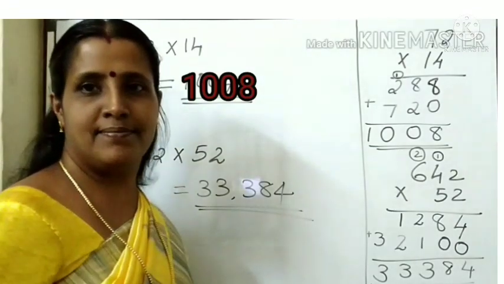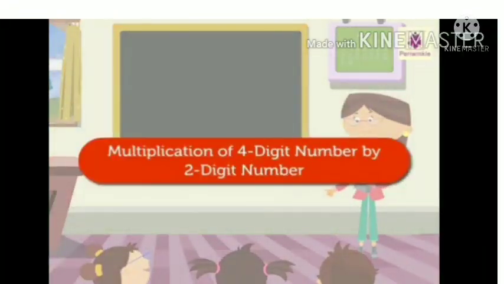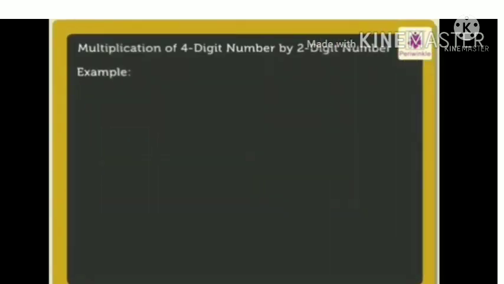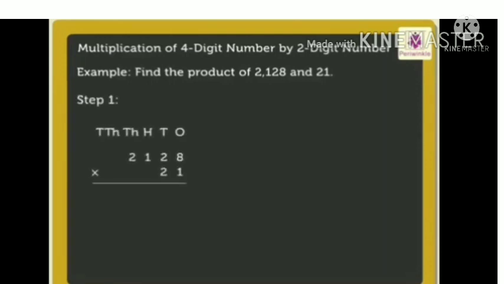Okay, students? Learn multiplication of a 4-digit number by a 2-digit number. Let us find the product of 2,128 and 21. We can divide the whole process into 3 steps. Step 1.